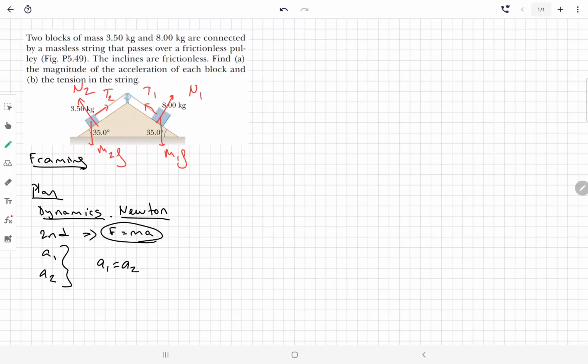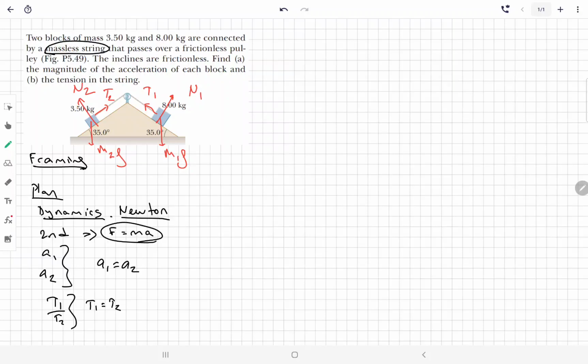It's changing, but they will have the same velocity at any time and the same acceleration. It means also the tensions are equal to each other because the rope, the string here, is massless. When the string is massless, in this case, the tension or force in the rope at any point will be the same.